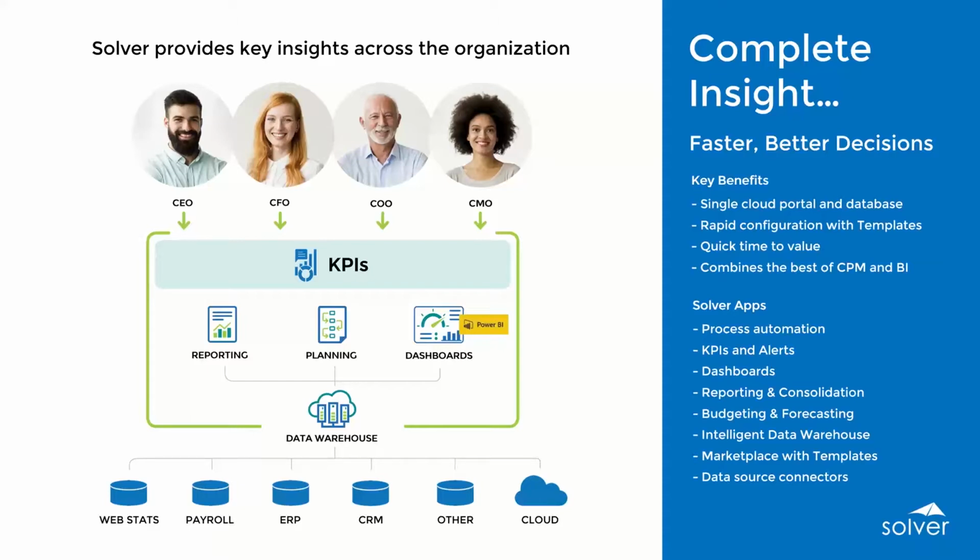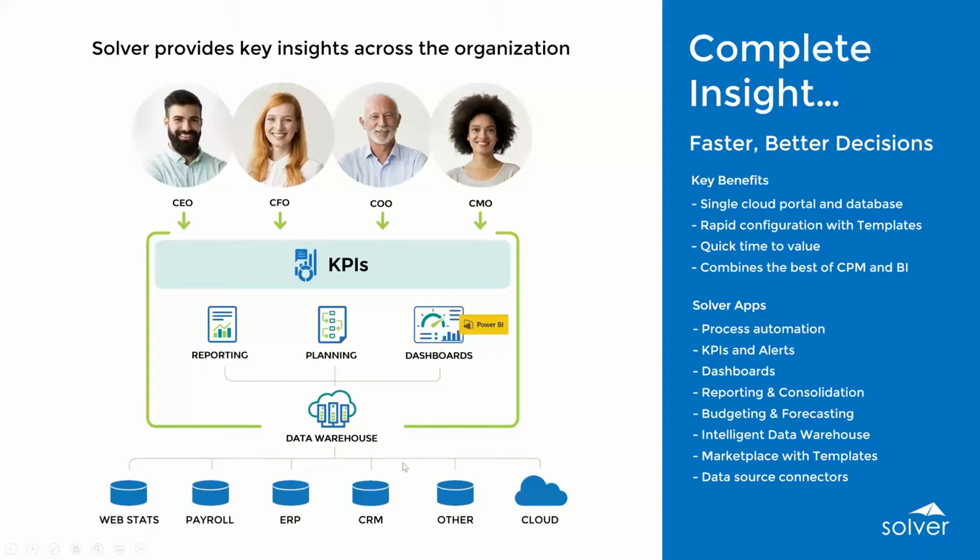And it also doesn't really matter to us what the data source is. We can bring all of that data into our data warehouse. So we have a group of generic connectors that allows us to bring that data in, but we also have some specific connectors that are built for the SAP B1 product, as well as the Dynamics product family. So it's very easy to set up that integration to bring your ERP data in.